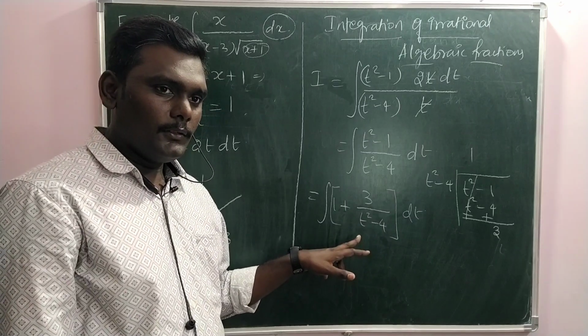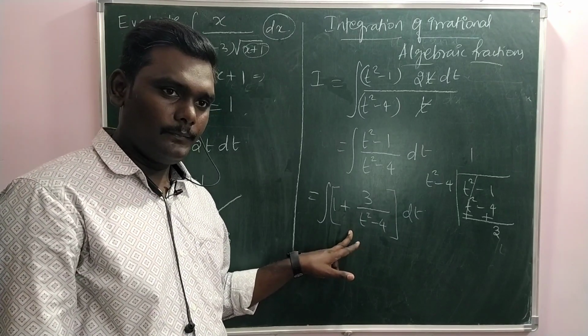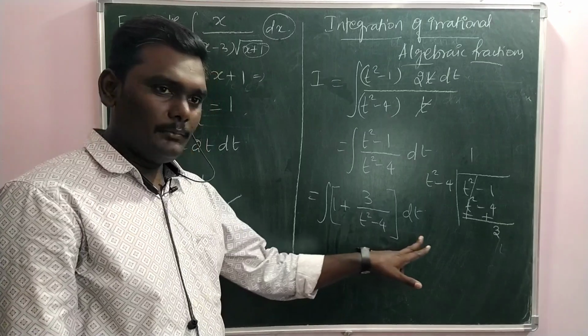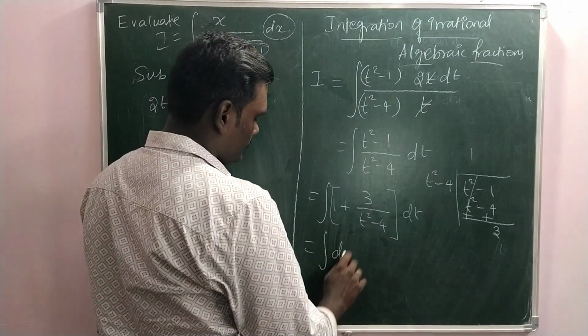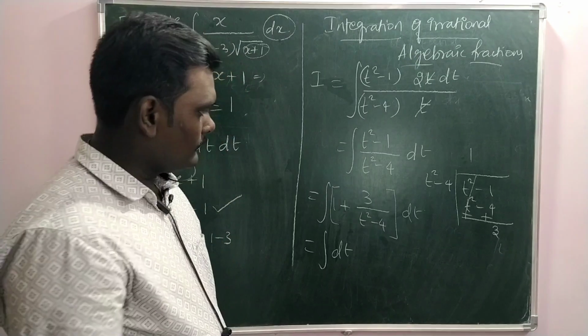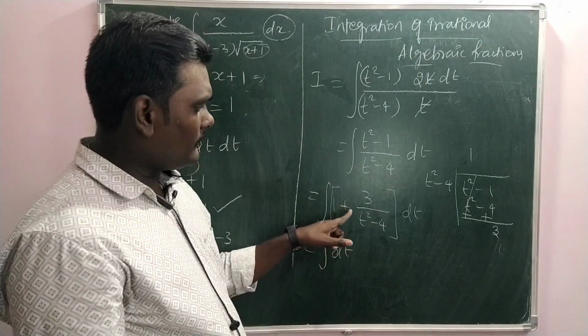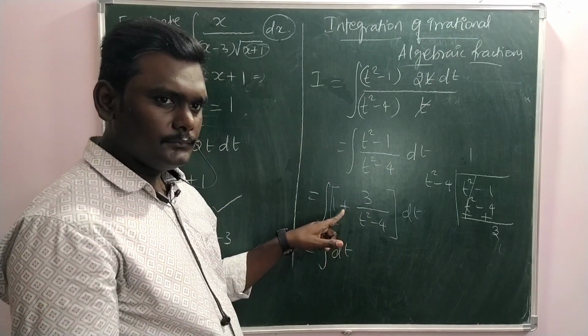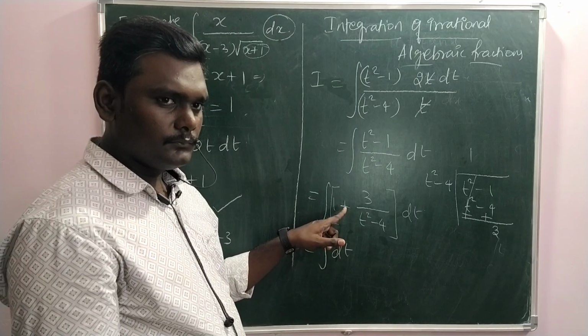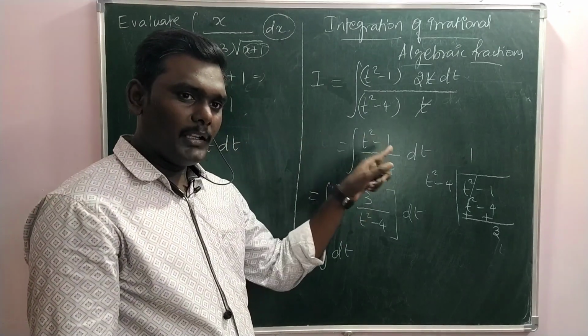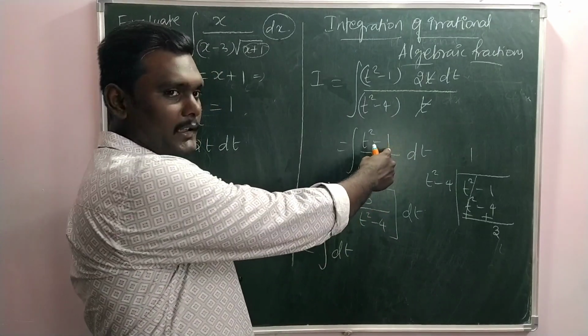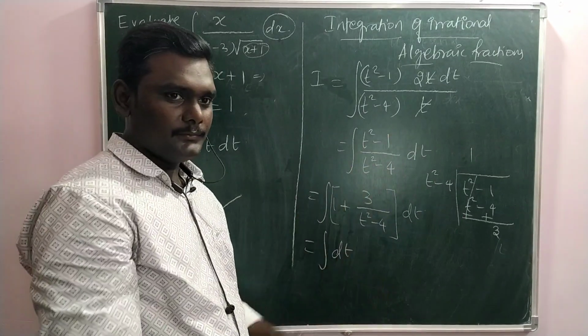Now you look at this. Do we have hope on this? You can integrate them, right? Peacefully. Integral of 1. But we should get the trick right. In the numerator we can write t square minus 4 plus 3, and then we can split.